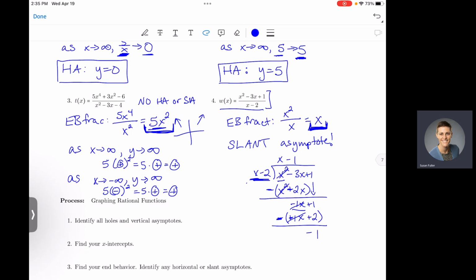All right, so I went quickly through that polynomial long division. If you're still rusty on polynomial long division, there is a video for that specifically up on D2L. You can use that to help you with this. So we've performed polynomial long division. Your slant asymptote equation is going to be y equals your quotient.